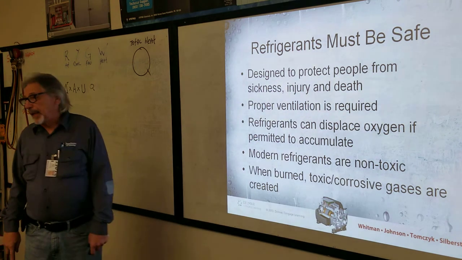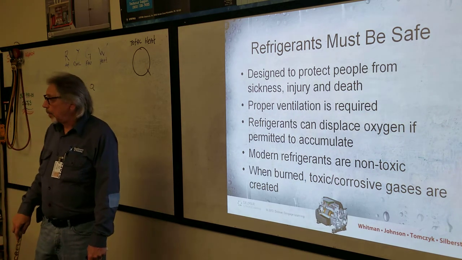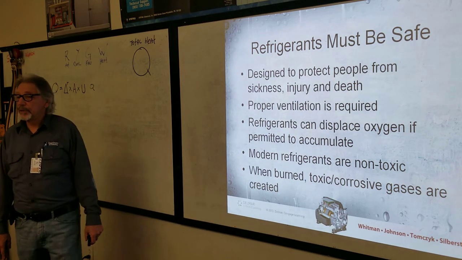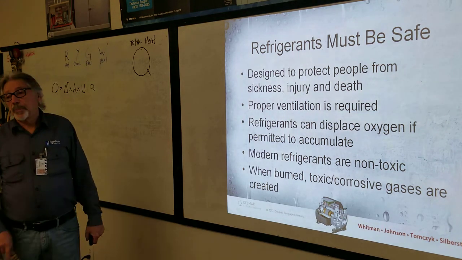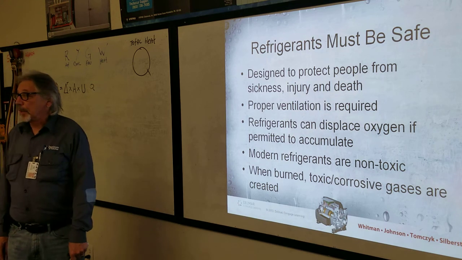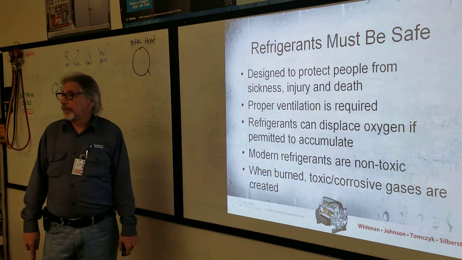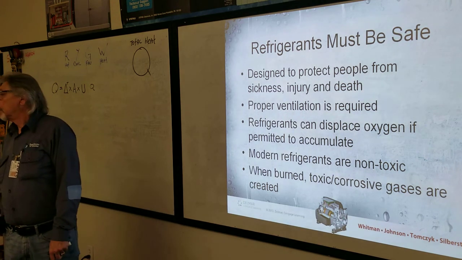Okay, so there used to be a refrigerant called R123, which is a low pressure refrigerant used in chillers. That was pretty toxic. But that's been off the market for some time now. And there's also ammonia, which is highly toxic.